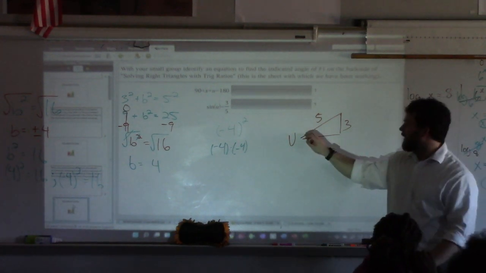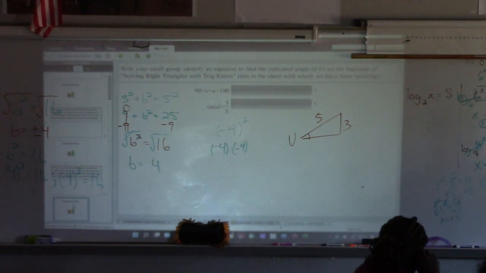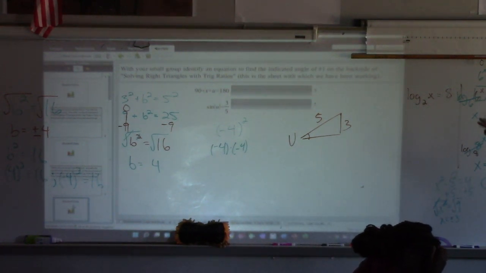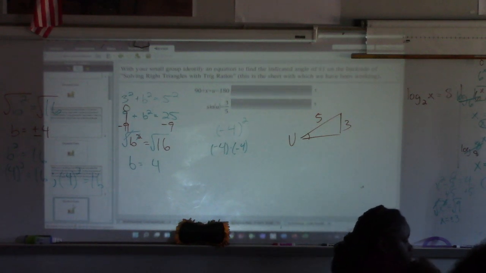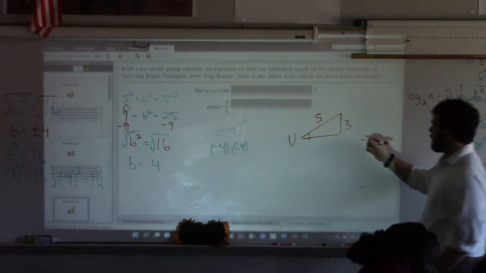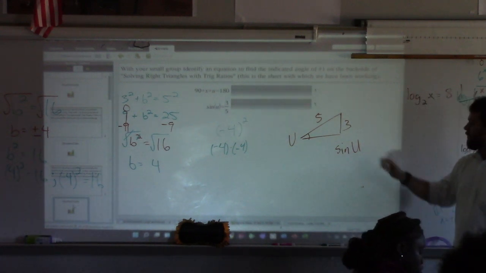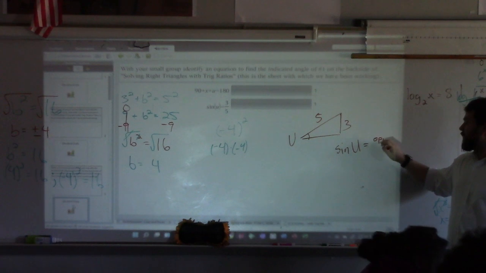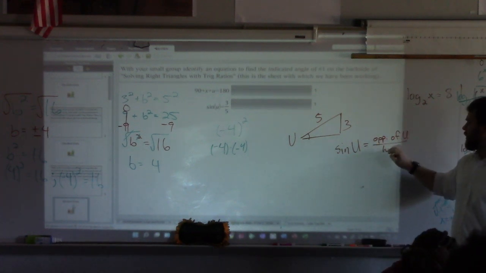And that was the indicated angle? This is what I saw most of y'all trying to do originally. What trigonometric ratio can I use here? Sine. Listen to the question. We're trying to find the angle. What is the sine of angle u? Opposite of u divided by hypotenuse, right?